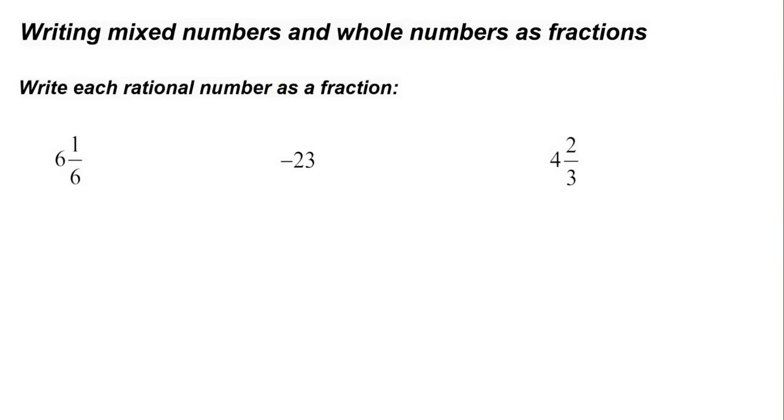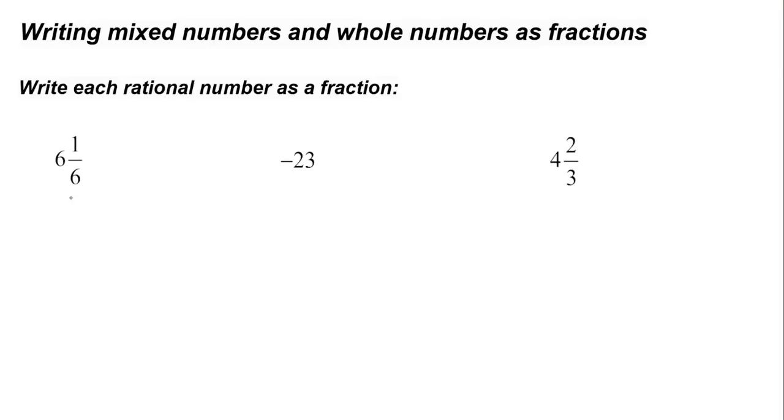So how do you write different types of numbers as fractions? Well, in the last video, we learned how to write decimals as fractions, and that was read it, write it, reduce it. So how do you write these types of numbers as fractions? How do you write a mixed number as a fraction, because it's a whole number and a fraction part?